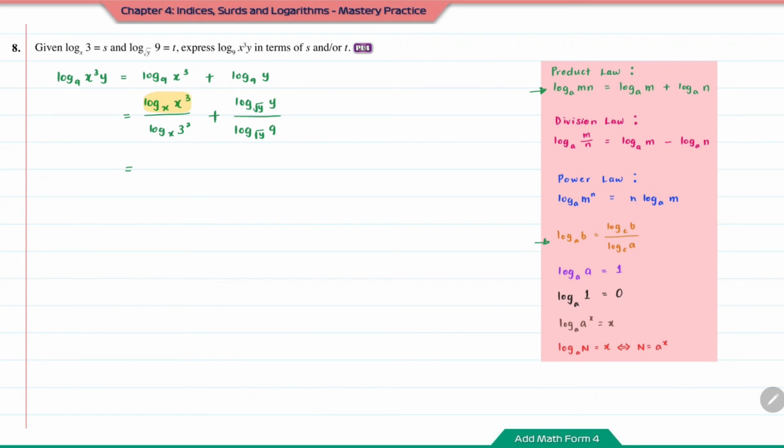Now, for log base x of x to the power of 3, refer to this law here, we're going to find that the answer is equal to 3. And for the denominator part here, move this number 2 to the front using the power law. You're going to get 2 times log base x of 3 plus, here the log base square root of y of 9. This one, we know that this is equal to t.